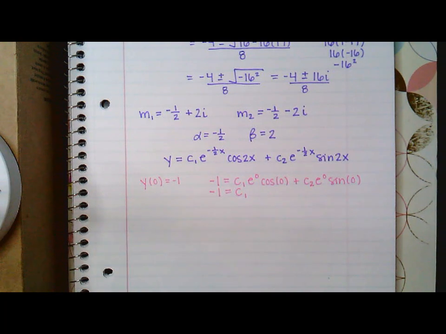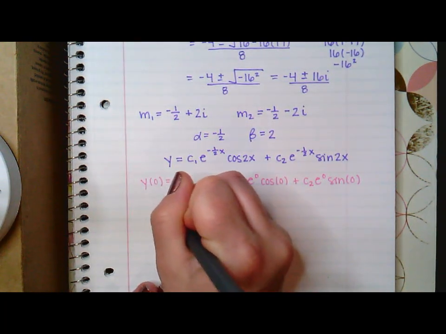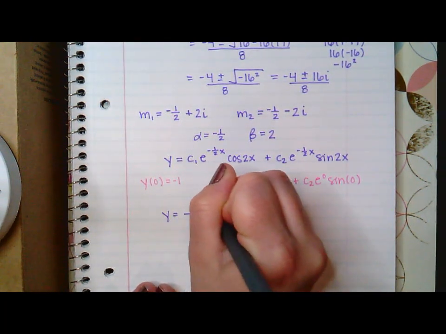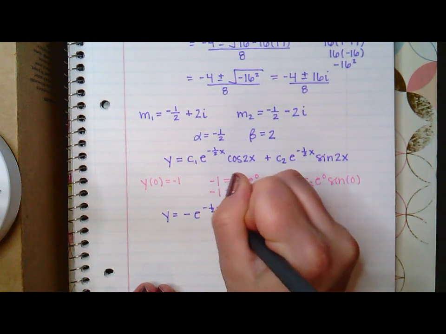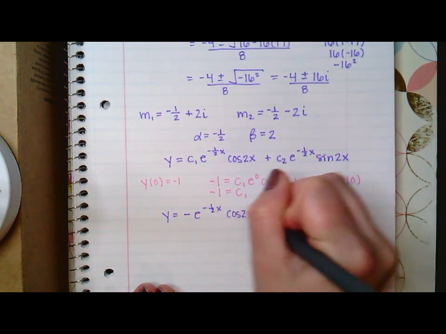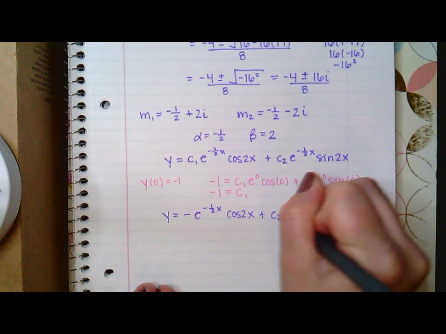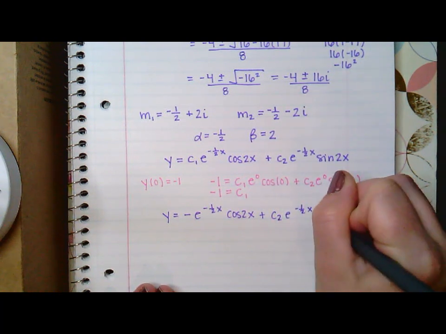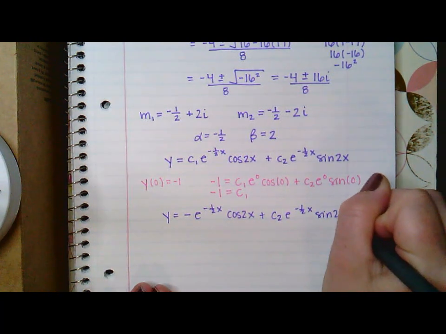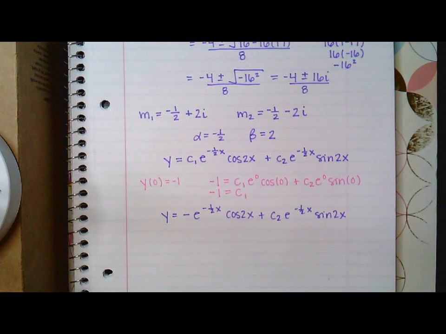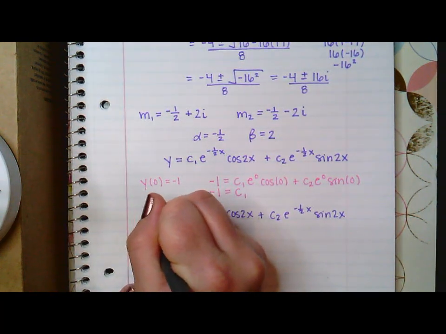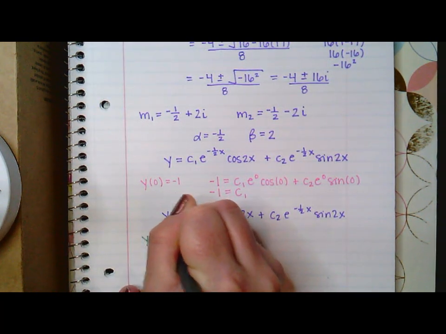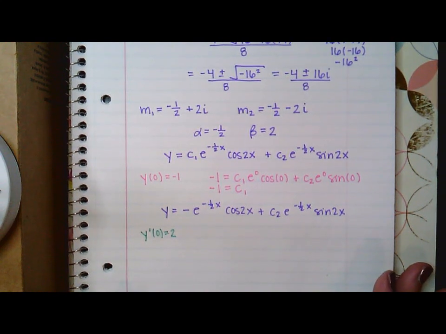I'm then going to plug that back in, because I've solved for one of my constants. My next term that I could plug in is y prime of 0 equals 2. Well, now I need to find y prime.